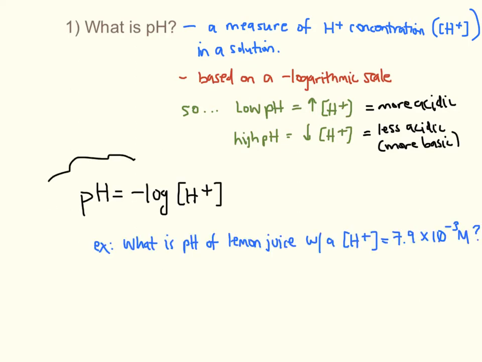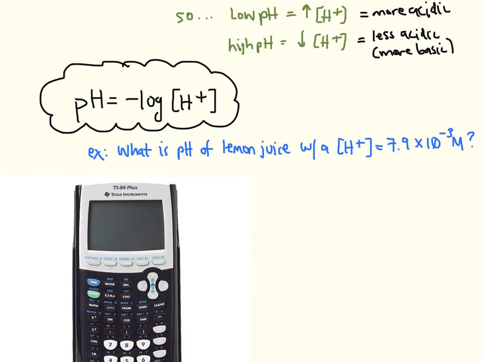So you can calculate the pH of a solution if you know the concentration of hydrogen ions using this equation. pH is equal to the negative log of the concentration of your hydrogen ions. For example, I might ask you to calculate the pH of a solution of, say, lemon juice. And I know that its hydrogen ion concentration is 7.9 times 10 to the negative third.